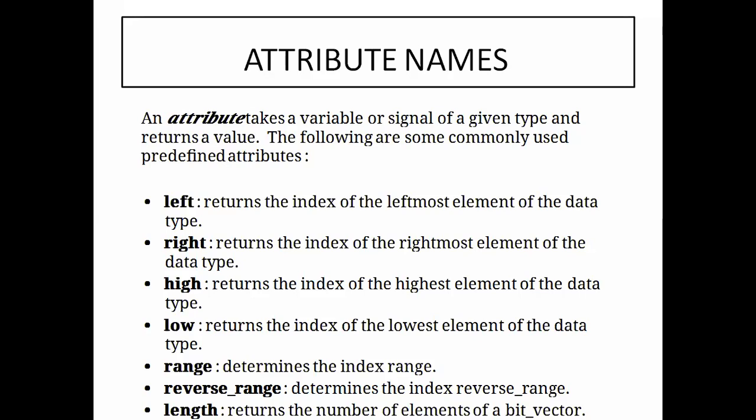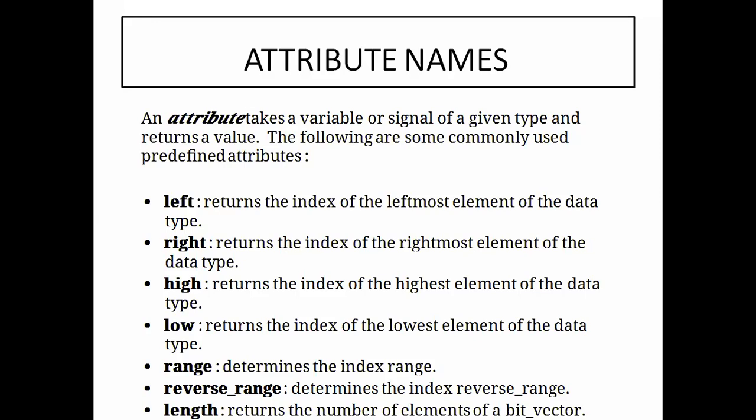What is the meaning of this? If you use the left predefined attribute, it returns the index of the leftmost element. If you use right, it returns the index of the rightmost element. If you use high, it returns the index of the highest element of the data type.